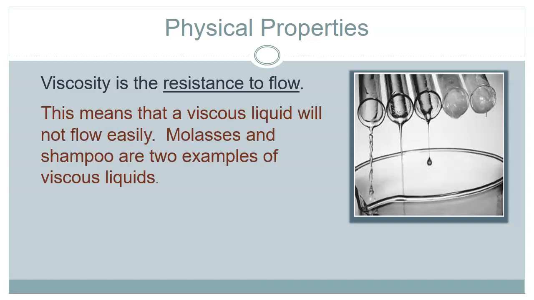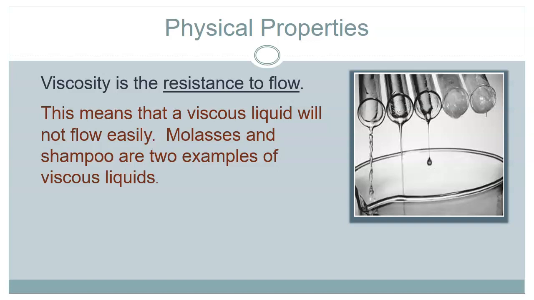So a liquid that is considered to be a viscous liquid does not flow easily. So, for example, molasses and maybe a lot of shampoos, or maybe even better, hair conditioner, would be examples of very viscous liquids.